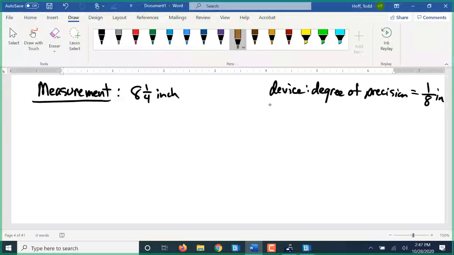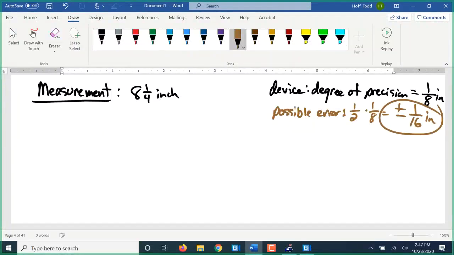So if it's a degree of precision of 1/8 inch, that possible error is 1/2 times 1/8, or plus or minus 1/16 of an inch.